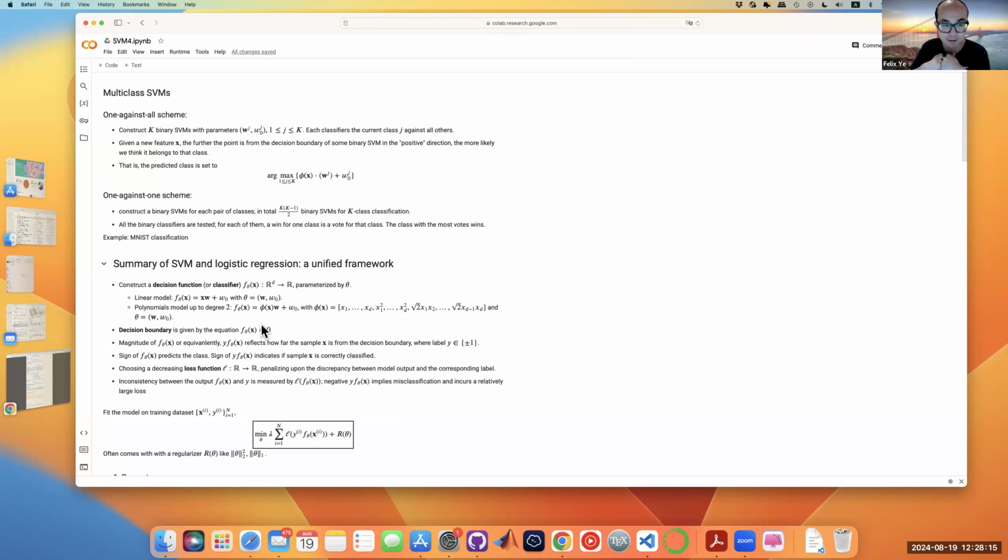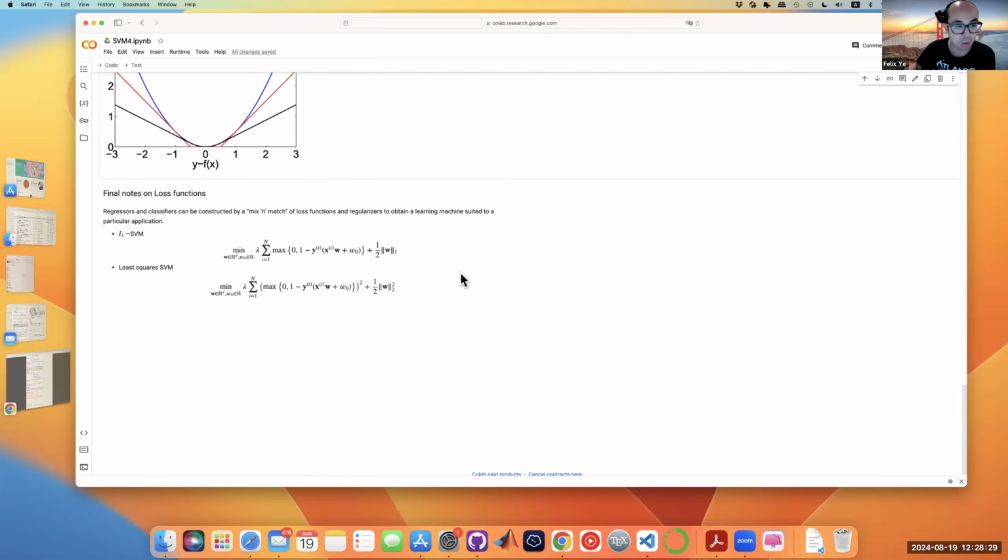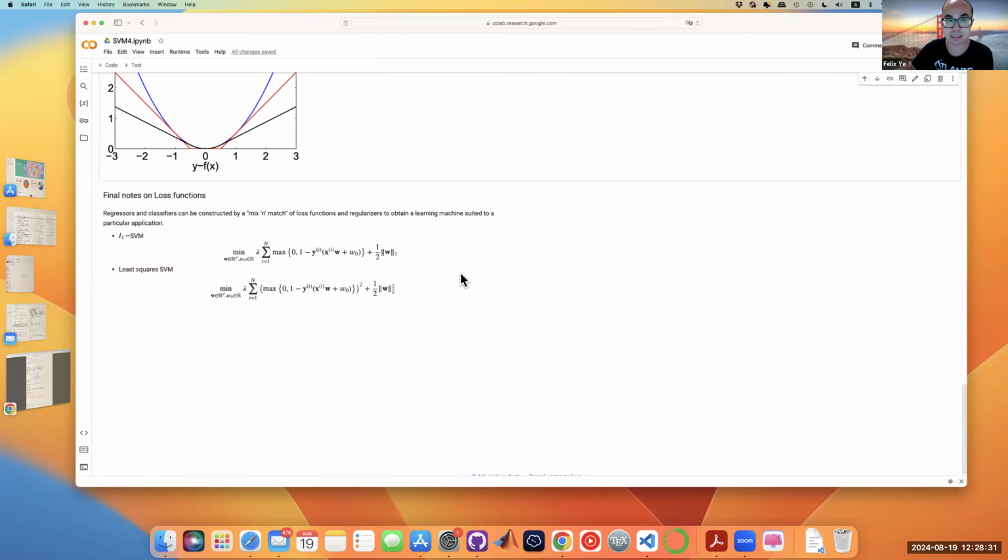This will be very handy if you want to construct your own classifier, your own regularizations, your own mix and match of loss functions and regularizations. Okay, so that's everything I want to talk about for this lecture.